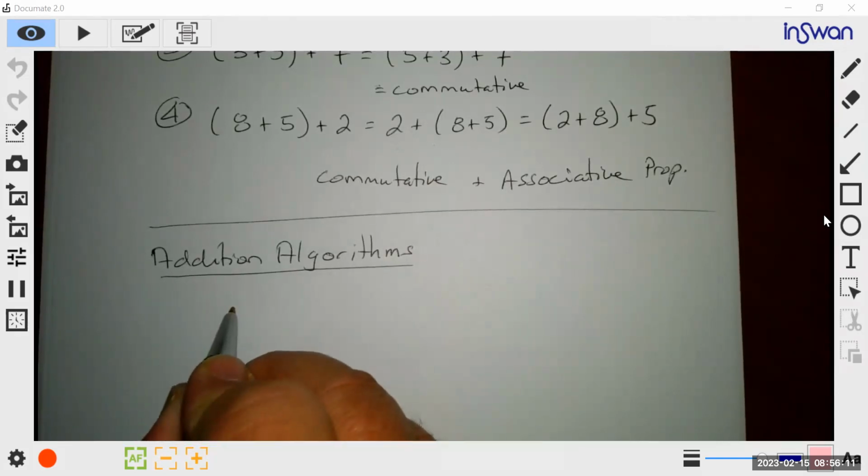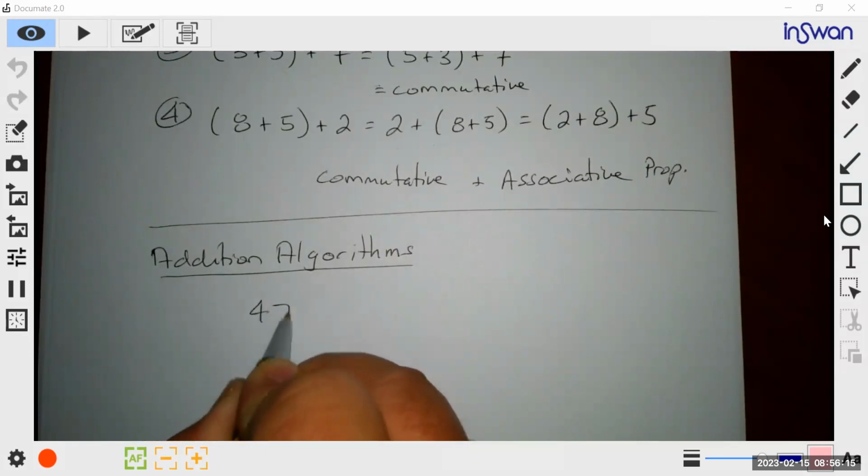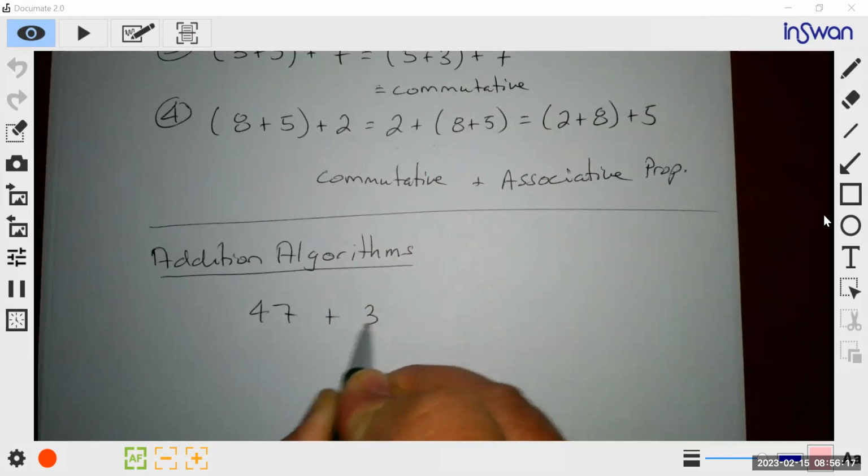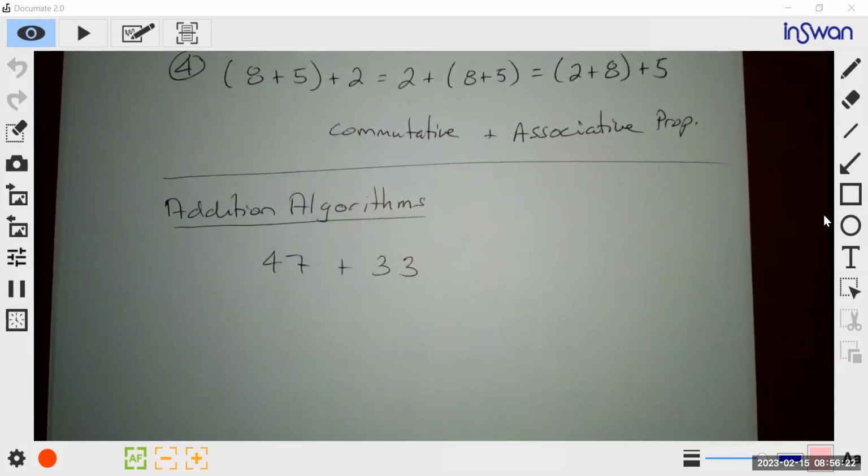What this one says is, let's pretend we have 47 plus 33. How can we show a one-step method that would prove this and then solve this that we can use on any other equation?